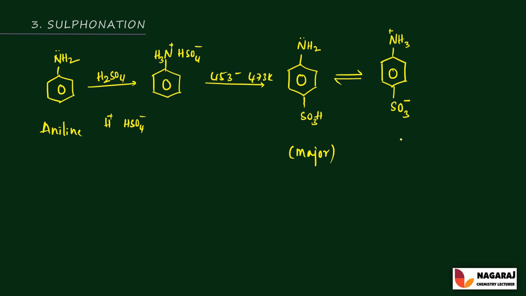So this molecule is generally called Zwitter ion. In the Zwitter ion it has both the positive charge as well as negative charge, and there is a shifting of proton from SO3H to NH2 group. So only one reaction for the sulfonation.